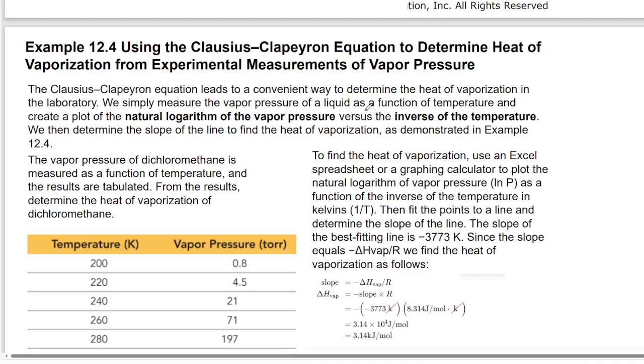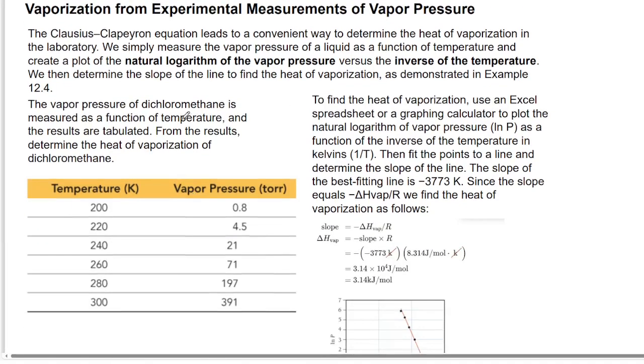We measure the vapor pressure of a liquid as a function of temperature, and we can plot the natural log of the vapor pressure versus inverse of temperature. We can then determine the slope of the line to find the heat of vaporization. The vapor pressure of dichloromethane is measured as a function of temperature, and the results are tabulated. From these results, determine the heat of vaporization of dichloromethane.